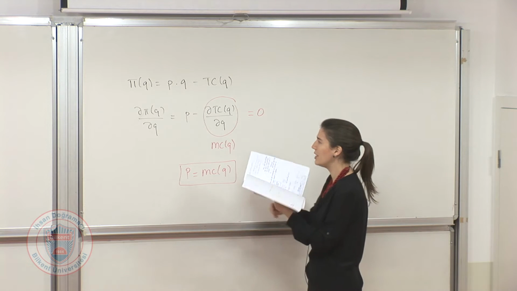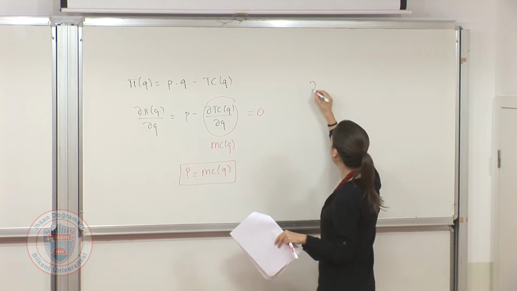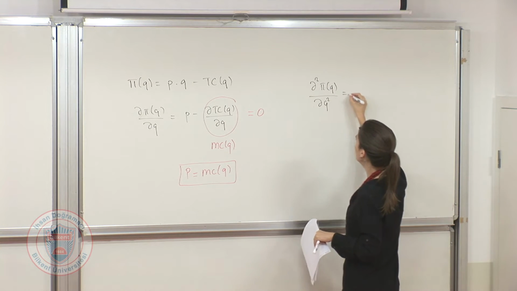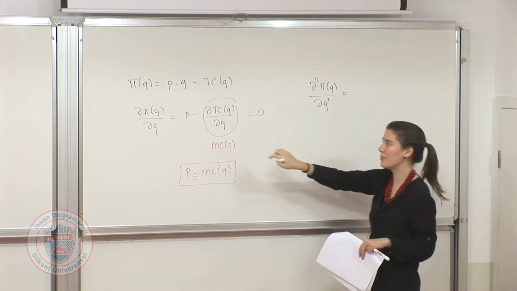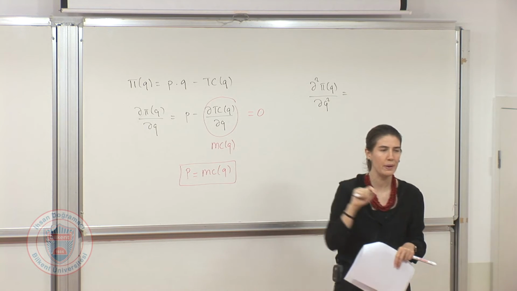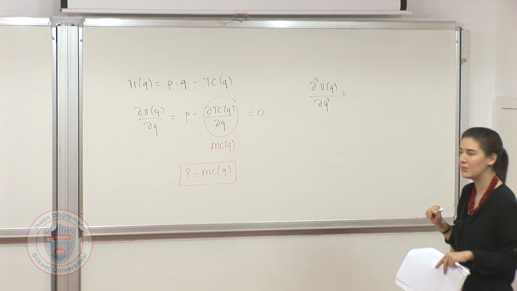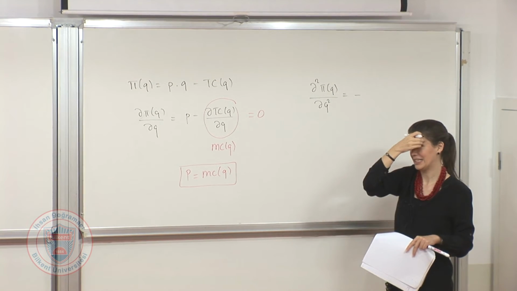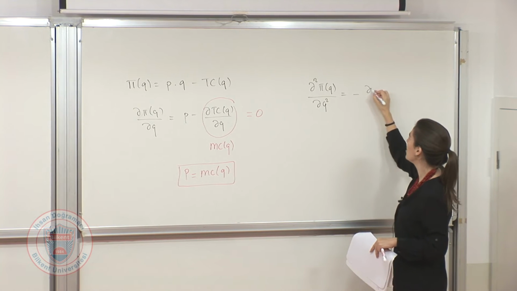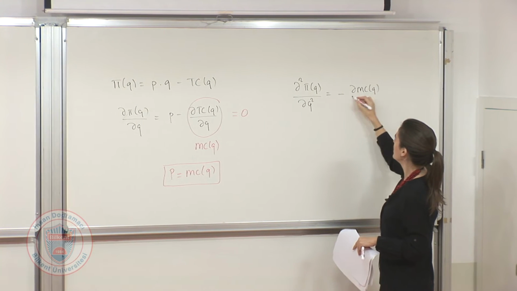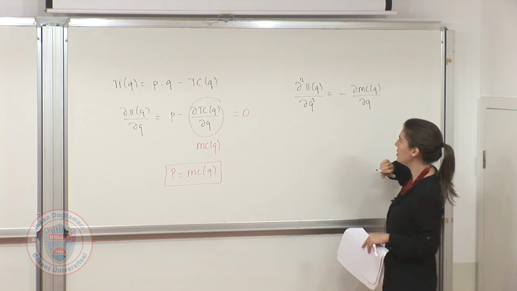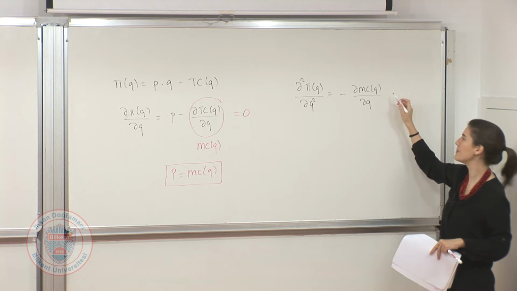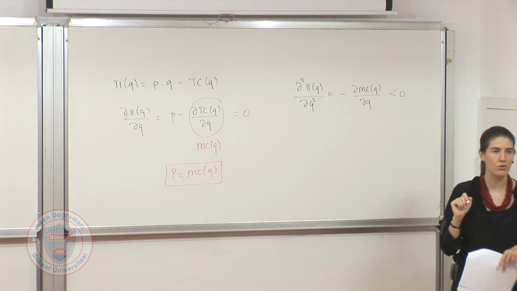Now, what about the second derivative? This was the first derivative. If you want to check this at Q star, I take the derivative of this with respect to Q again, and it is minus the derivative of the marginal cost. We said that if it's the profit maximizing point, this should be less than 0, right?